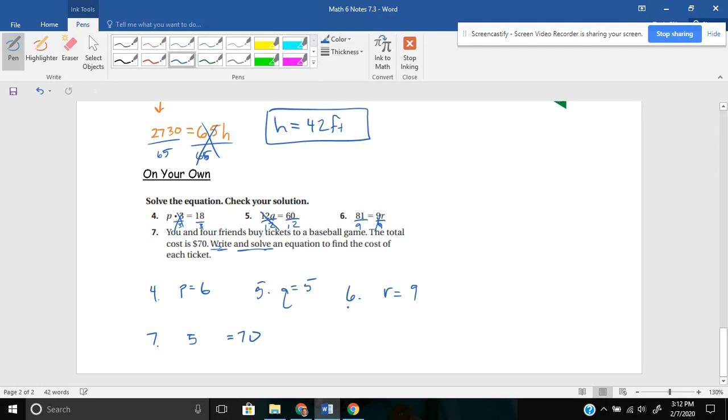We don't know the cost of each ticket, so let's call that X. 5 of you each buy a ticket at an unknown price, and we know the total is 70. So here's your equation, and to find out how much each of you paid, divide each side by 5 to undo that, and X equals 14, and in this case, it would be $14.